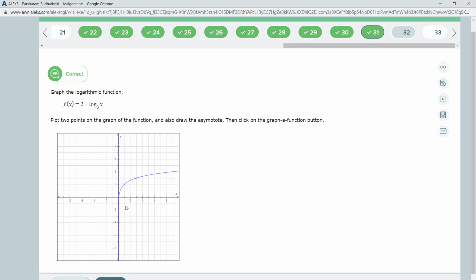Let's go back here. I need to use these points 1, 2, and if I shift that point 3 units to the left, it becomes negative 2, 2. That's good. And 3, 3 becomes 0, 3. So let me go here.